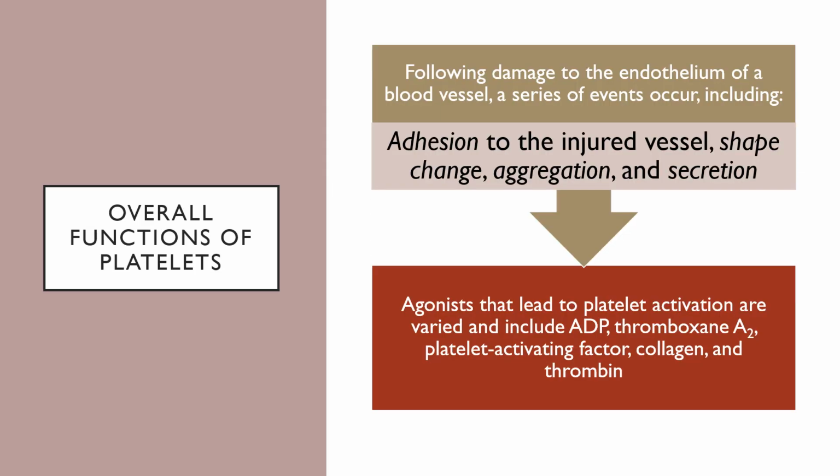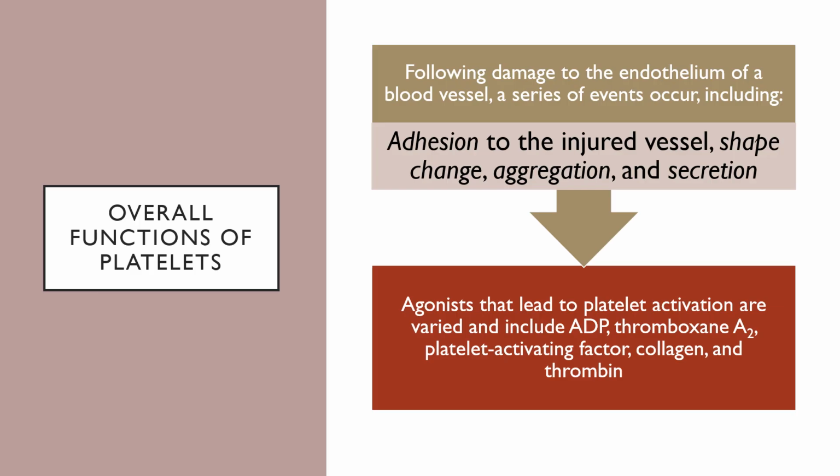Now that we've talked about the importance of platelets, what their anatomy looks like, and their lifespan and kinetics, let's talk about the overall function of platelets. Because remember, we need to have enough platelets, but we also have to have enough functional platelets. So let's see how normal function should occur.